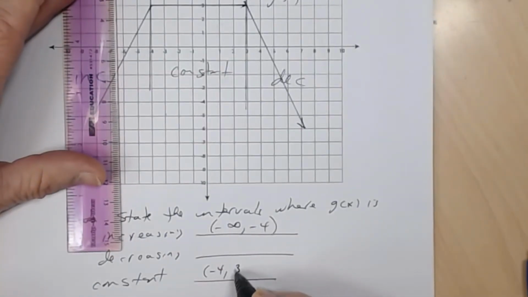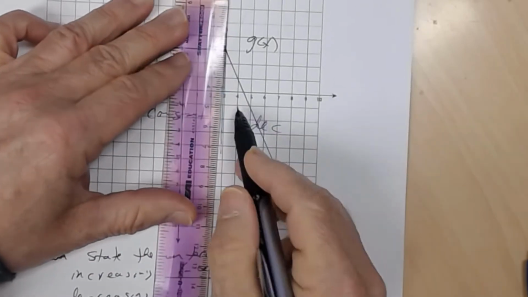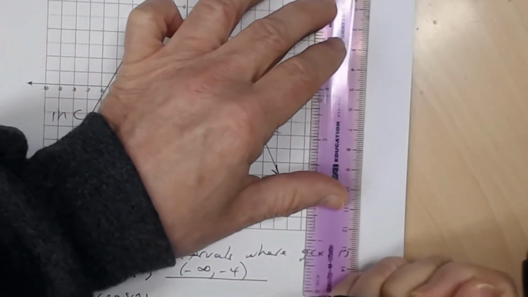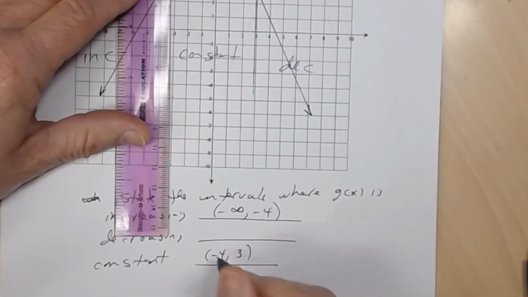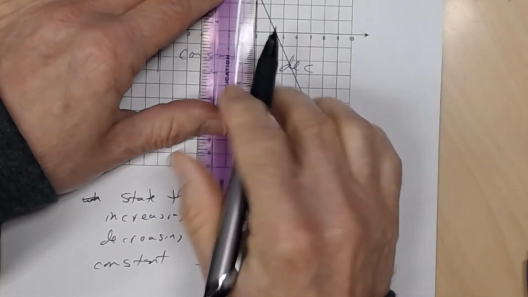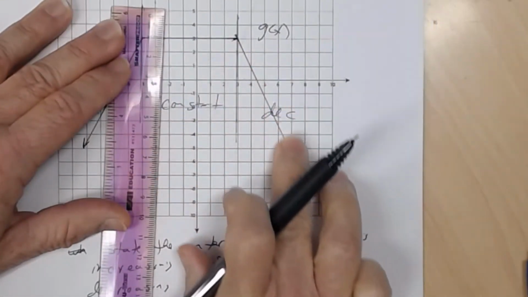They stay constant. So I'm going to put that here. Negative 4 to 3, constant. And then from 3 all the way to infinity, what are those y values doing? Decreasing. So from 3 to infinity, those y values are decreasing.